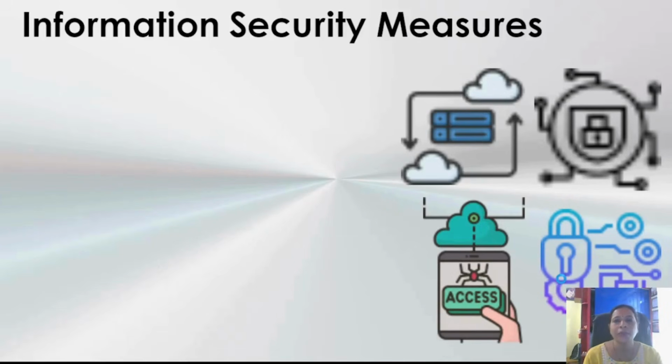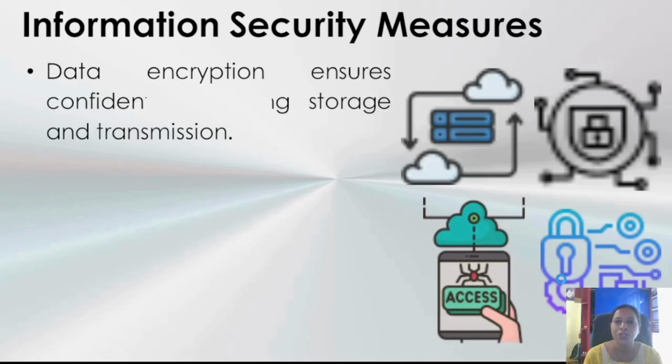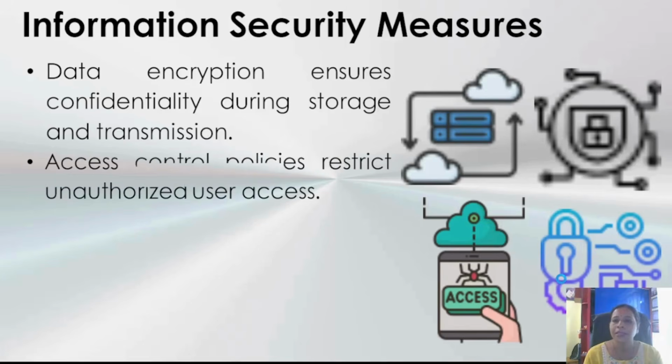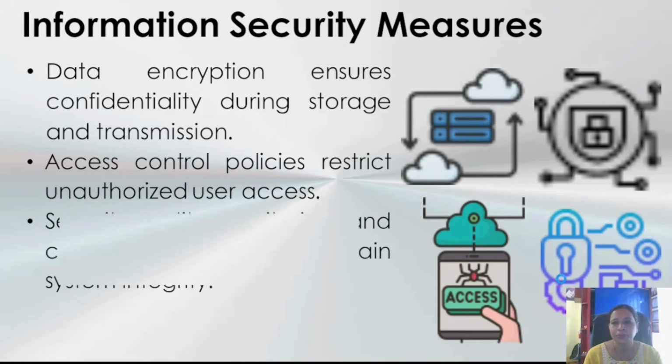Now let's discuss some different measures of information security. So basically, organizations use several mechanisms to maintain information security. One of them is data encryption that converts sensitive data into unreadable code to prevent theft. Access control policies define who can access what resources within a system.